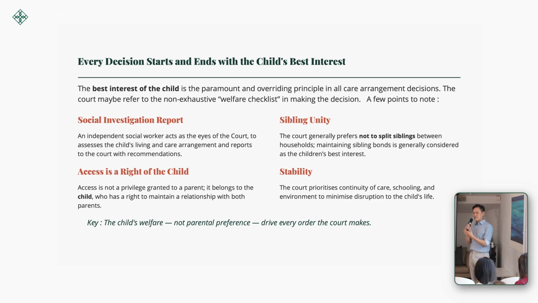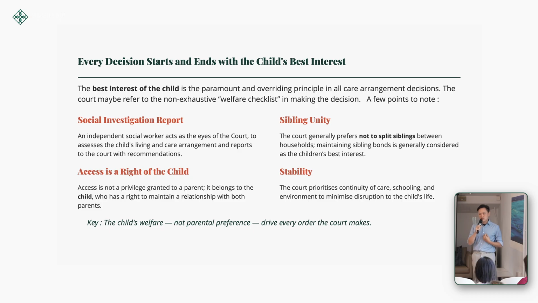Now, I have seen this happen. It's a relocation case that I did years back. There are two sons. And the courts at the end made the ruling that they would only allow the mother to take one of the children overseas, and the father and the other son remain in Hong Kong.